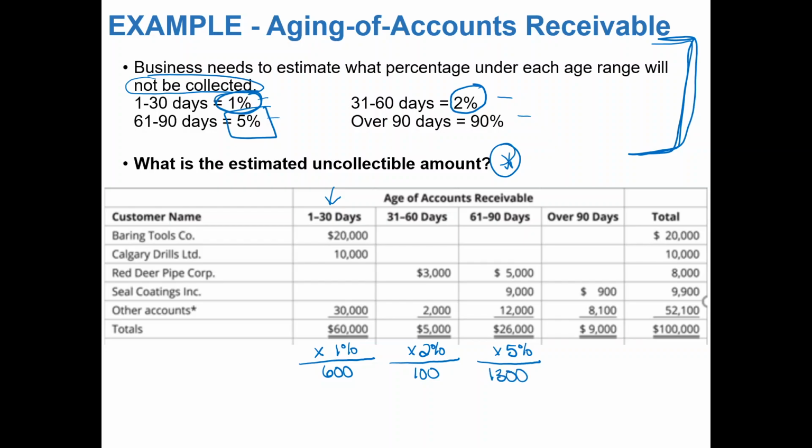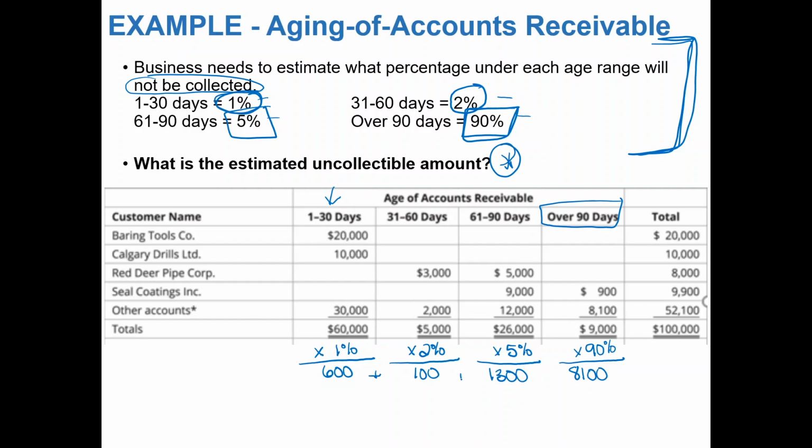And over 90 days, now clearly this is an old amount. They must work really hard to collect their AR before 90. So because of this, they actually think 90% of this amount won't be collected. So pretty high. So 90% times 9,000 is $8,100. So that's for each individual category, but we need to find the total amount.